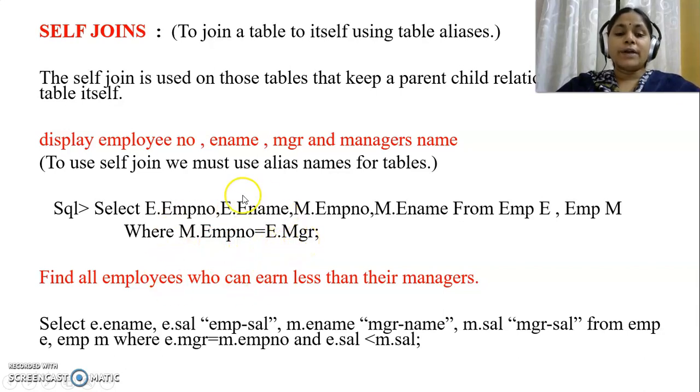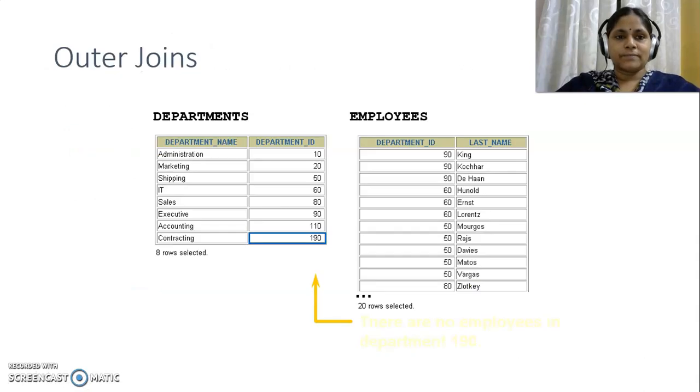Like this, we are going to do the self-join. This is finding all the employees who earn less than their managers. Employees and managers are in the same table only, so for such situations, we will be using self-join.